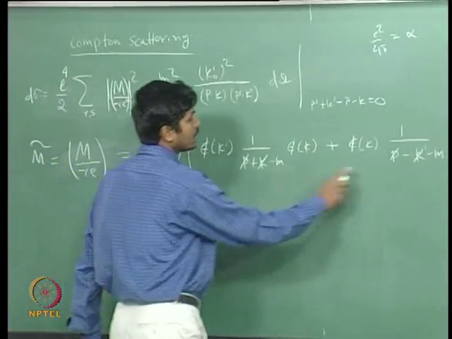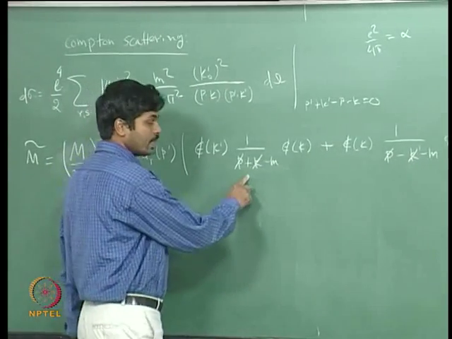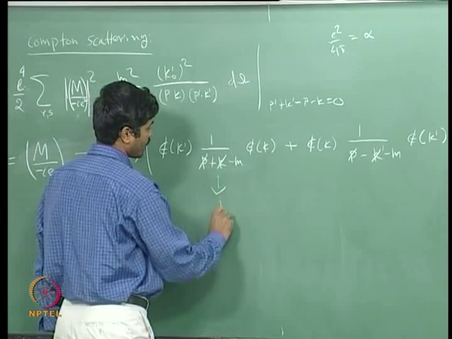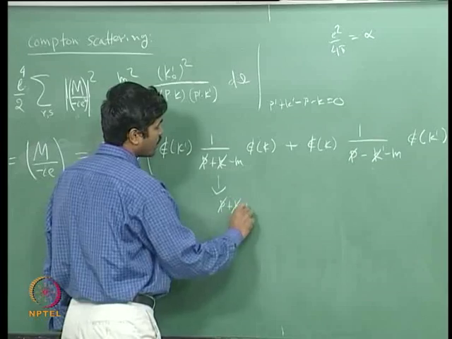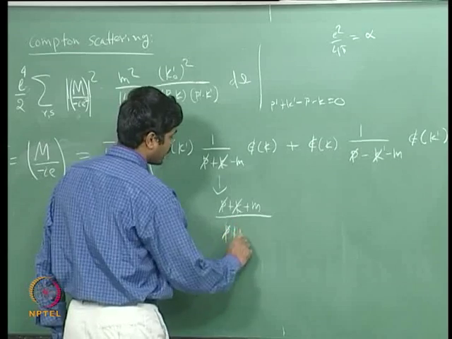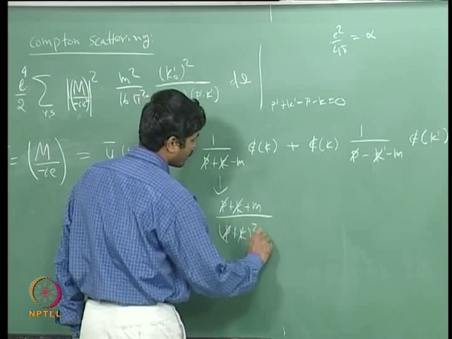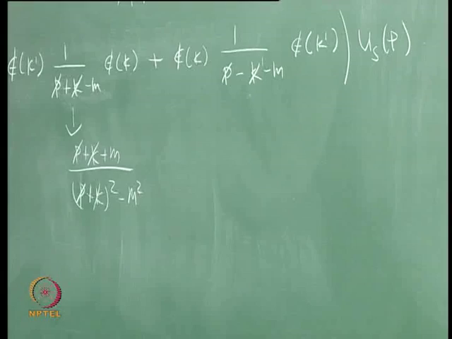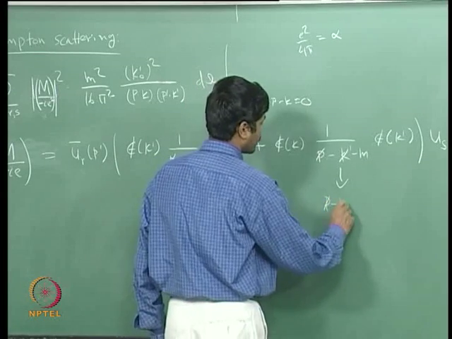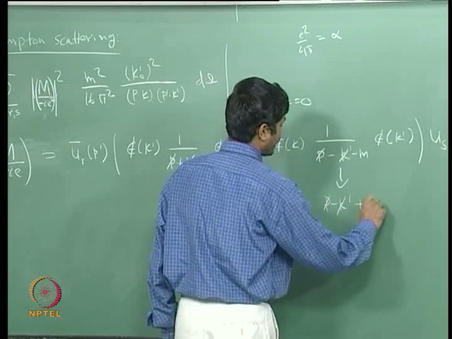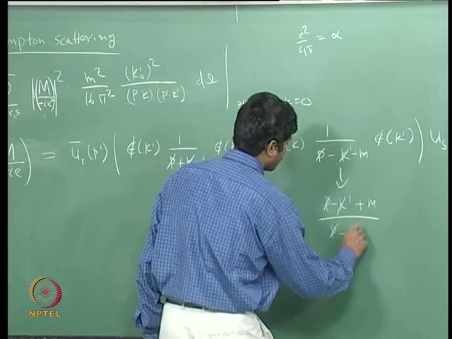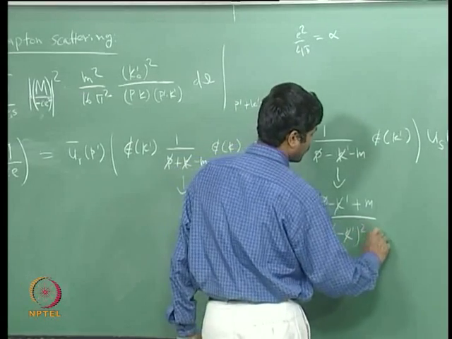Now I can simplify these two things by writing this propagator, this fermion propagator, as p slash plus k slash plus m divided by (p slash plus k slash) squared minus m squared. Similarly, in place of this I can write p slash minus k prime slash plus m divided by (p slash minus k prime slash) squared minus m squared.